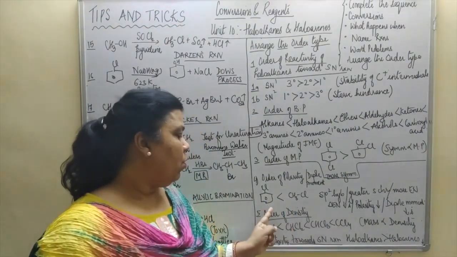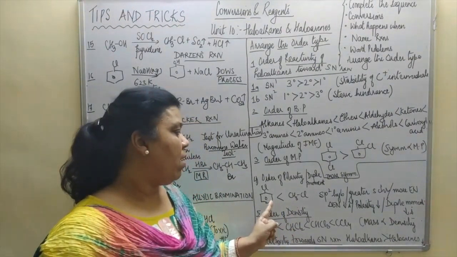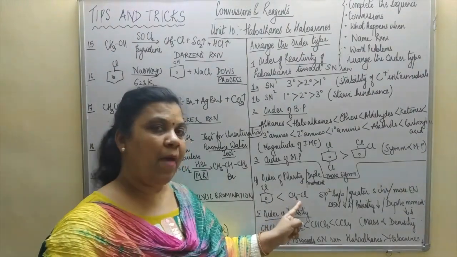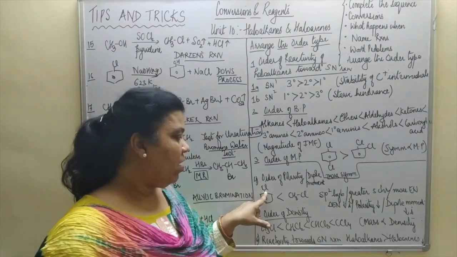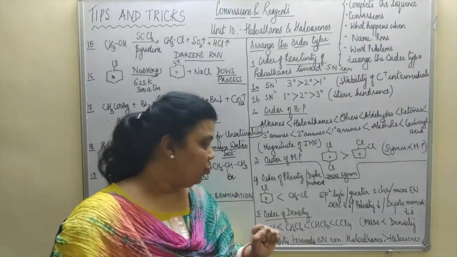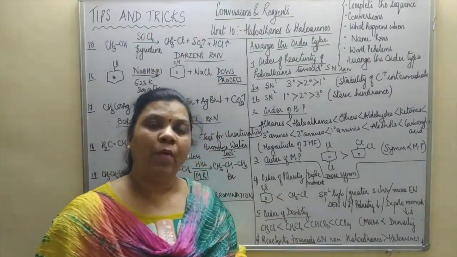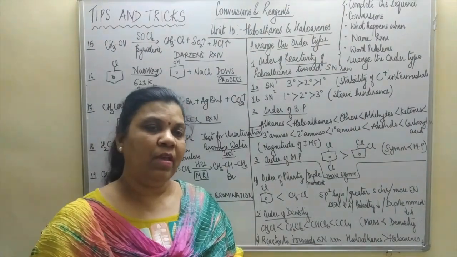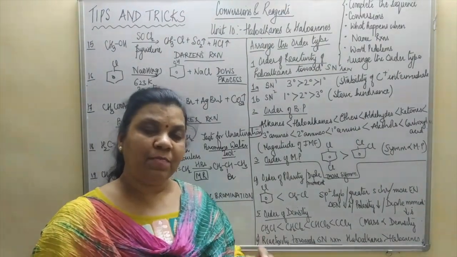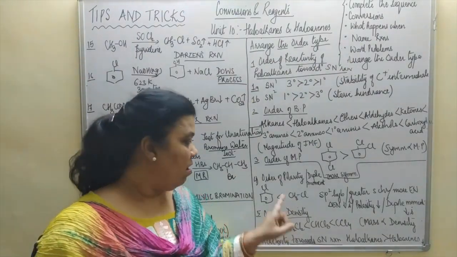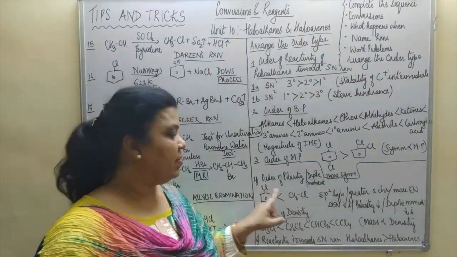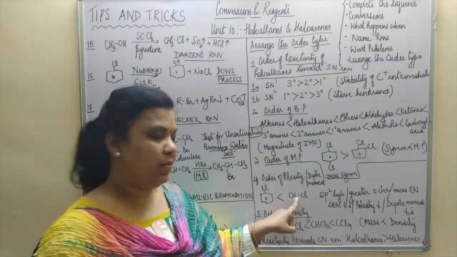So here chlorobenzene is less polar or has less dipole moment in comparison to chloromethane. The reason is the alpha carbon in chlorobenzene is in sp2 hybridized state, and in chloroalkane it is in sp3 hybridized state. So in sp2 hybridized state, the percentage s character is higher, that is 33.3%, here only 25%.